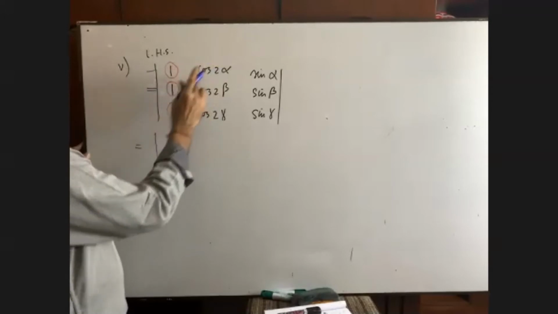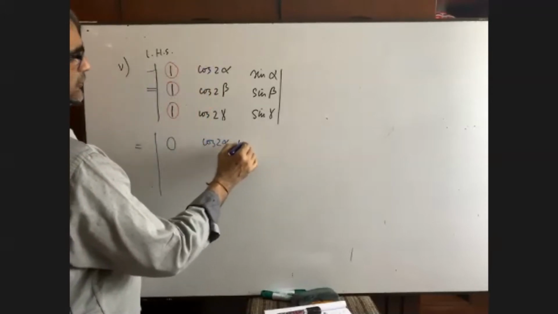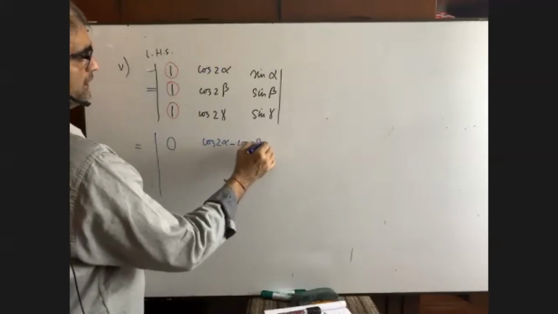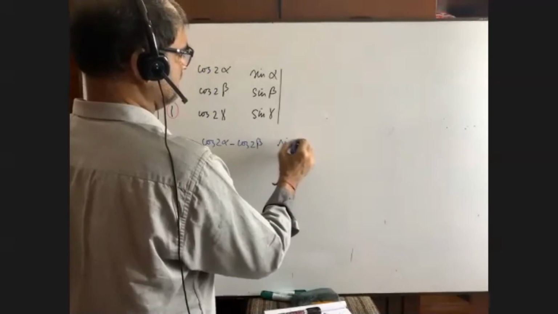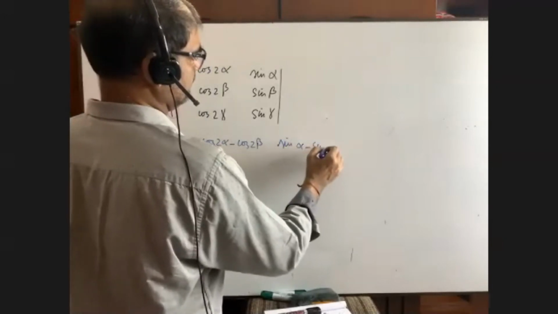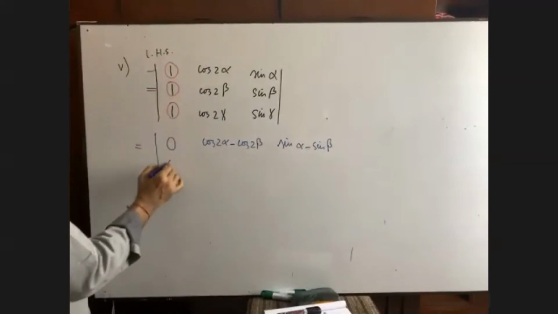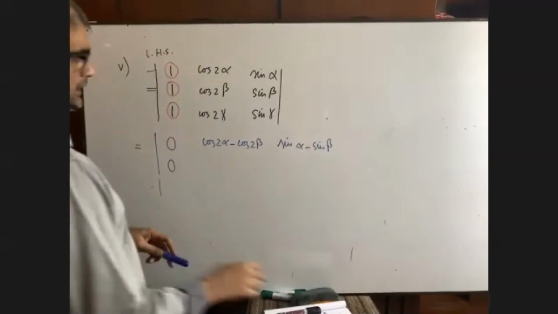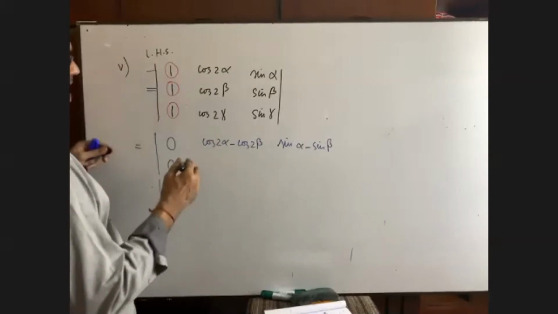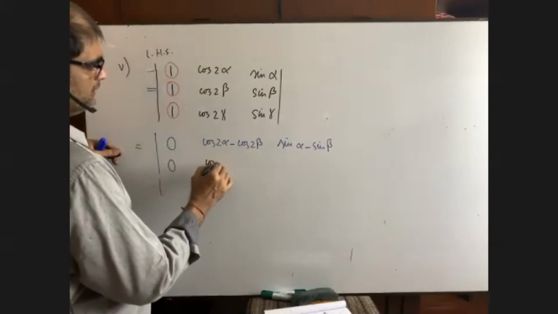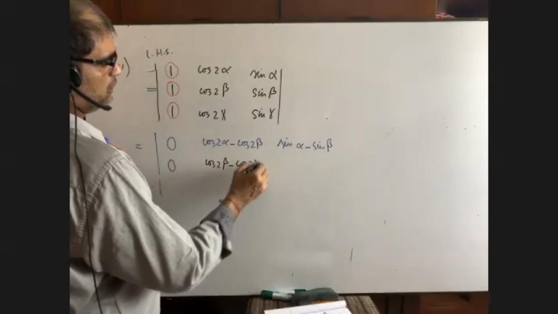Here cosine 2 alpha minus cosine 2 beta, and here sine alpha minus sine beta. Now 1 minus 1, again it is 0. And we are getting here cosine 2 beta minus cosine 2 gamma.